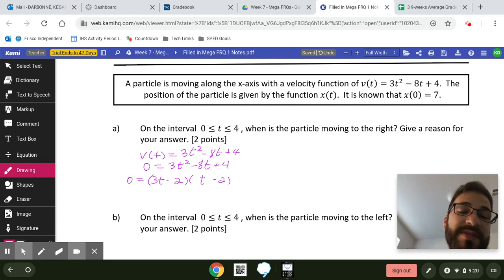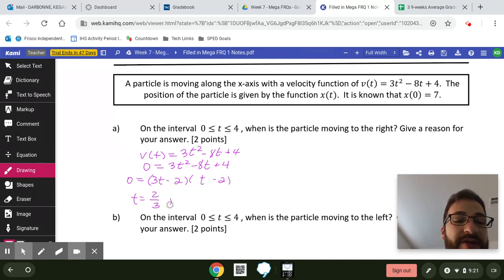So 3t times -2 is -6t. t times -2 is -2t. -6t plus -2t is -8t. So we're all good to go. Then 3t minus 2 gives us 2/3 as our value of t, and t minus 2 gives us 2 as our value of t.